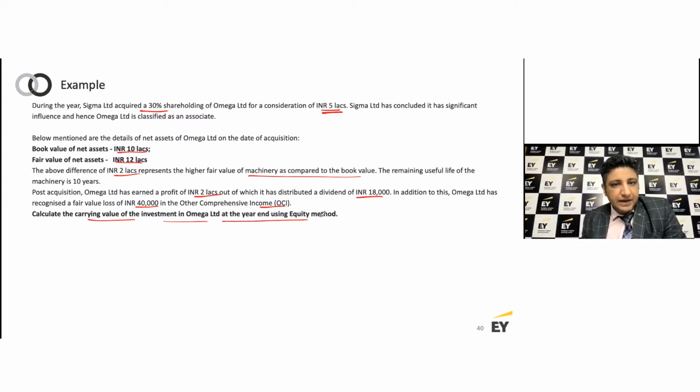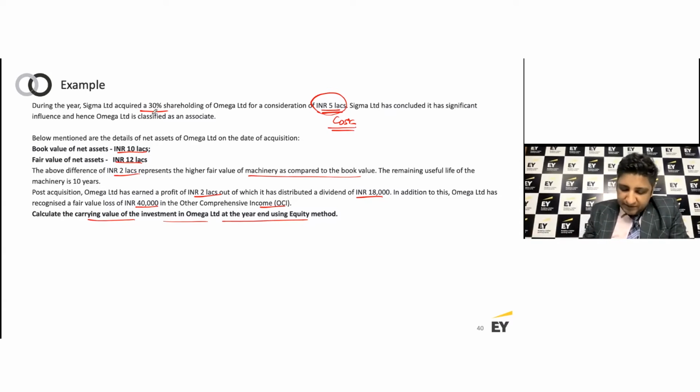The question says, calculate the carrying value of the investment in Omega Limited at the year end using equity method. Now, what you would like to remember here is that there is an original cost of investment given. That comprises the goodwill aspect. As we have learned, for an investment in an associate, the goodwill is not separately recognized. It is a part of the cost of the investment itself.